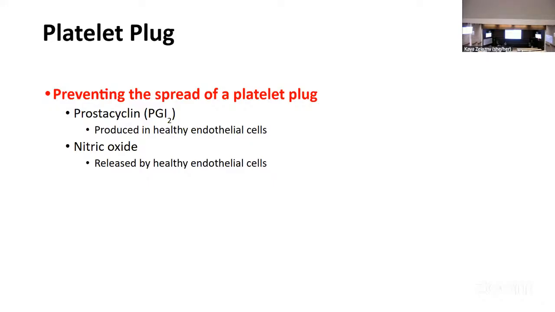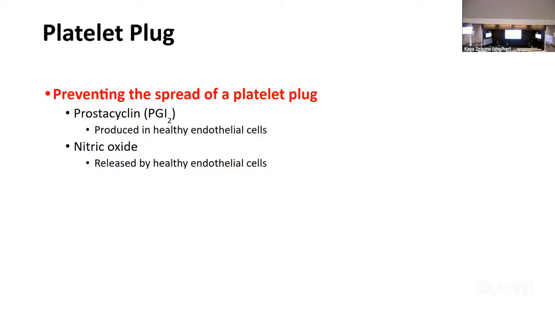Now, we don't want our platelet plug to totally close over a blood vessel, right? Like you don't want everything downstream from your blood vessel to get absolutely zero blood. And we don't want healthy tissue to get covered by platelets and platelet plugs. And later on, we're not going to want healthy tissue to get covered by blood clots either.